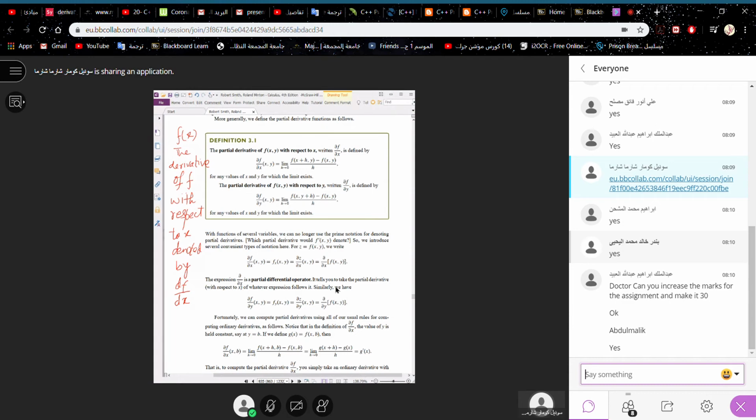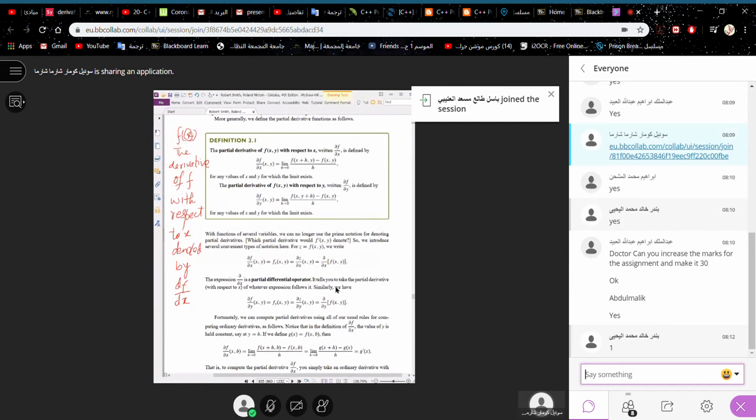See, Abdul Malik, when your function depends on one variable, how many variables? Only one. Then we denote the derivative of f with respect to x with this symbol df upon dx. Now your f is depending on more variables, like 2, for example.